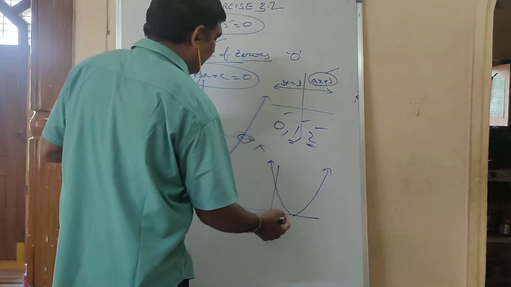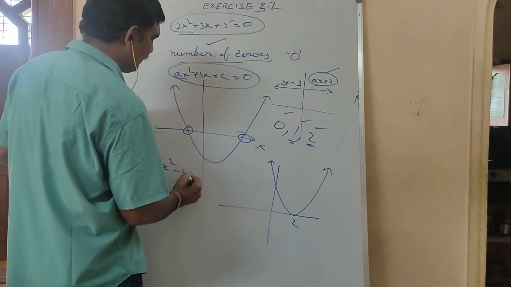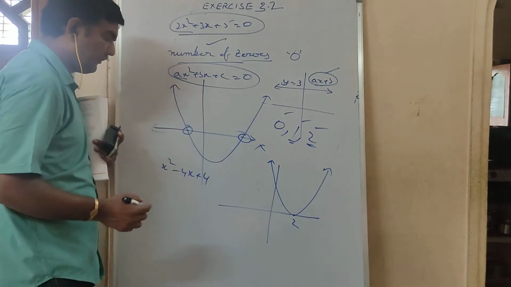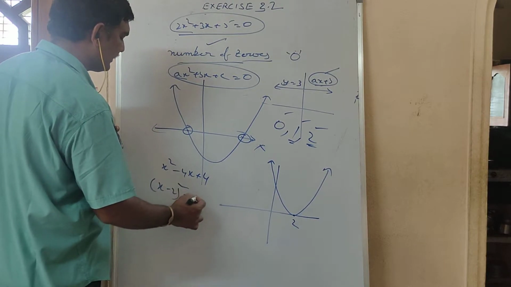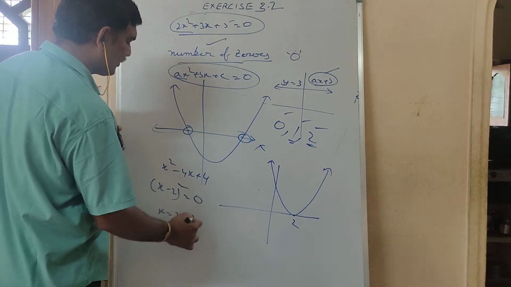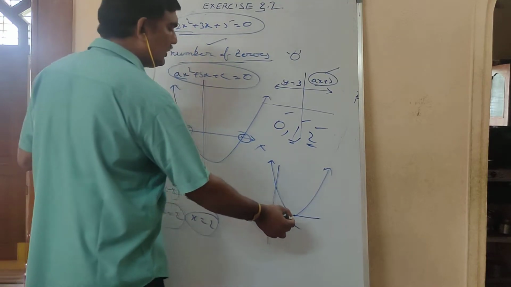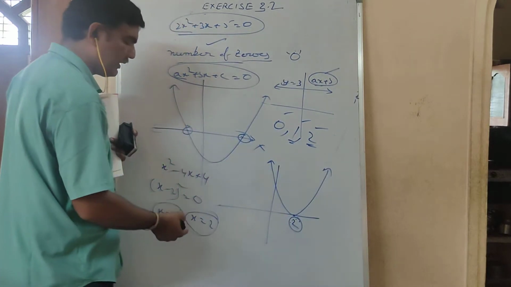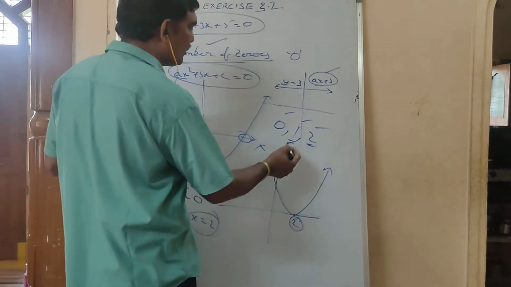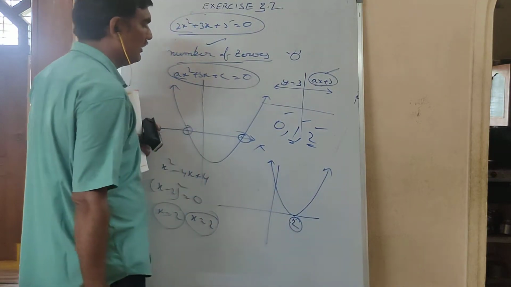Let it be, x square minus 4x plus 4. If you do factorization, it is x minus 2 whole square. So x is equal to 2, x is equal to 2. Means 2 zeros will be there, but the number of zeros will be 1 only, since you got the x value 2 times but it is intersecting at only 1 point.